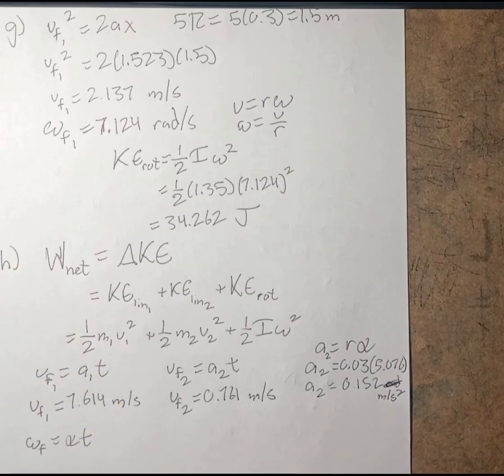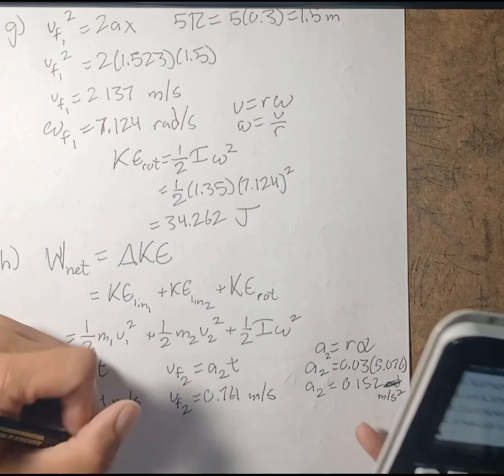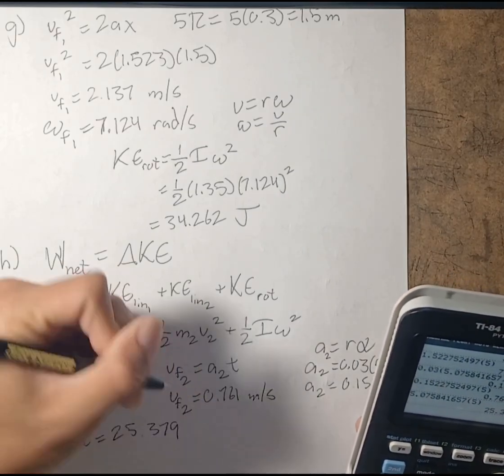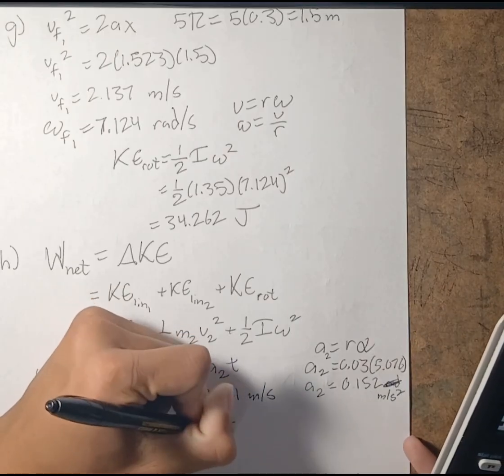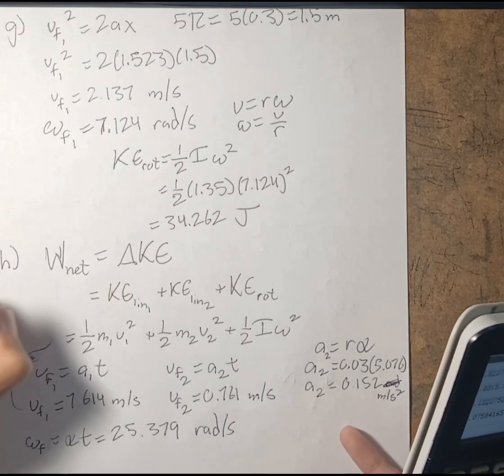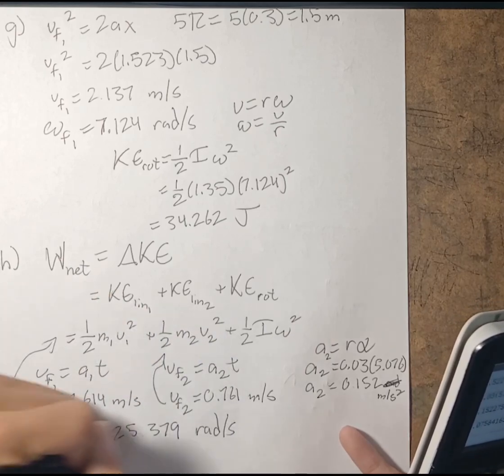So alpha, again, was 5.076. And then multiply that by 5. 25.379 rads per second.